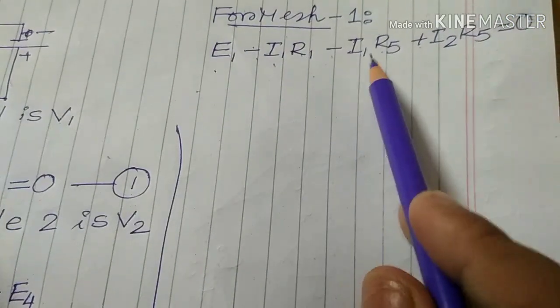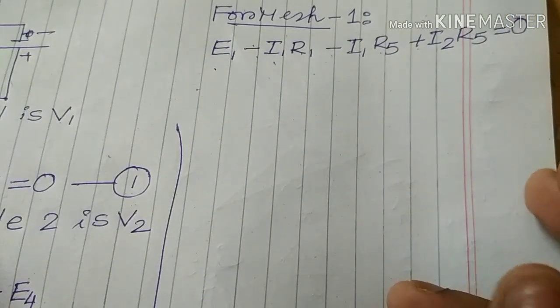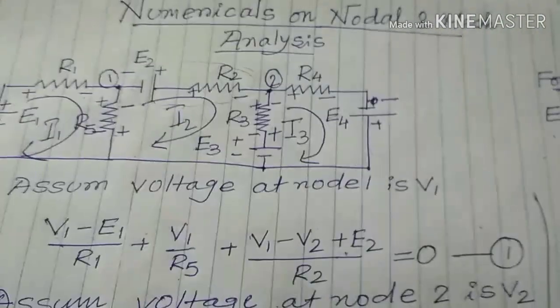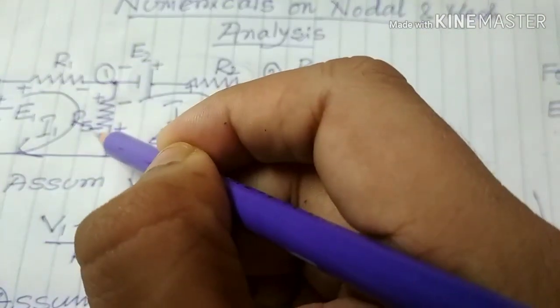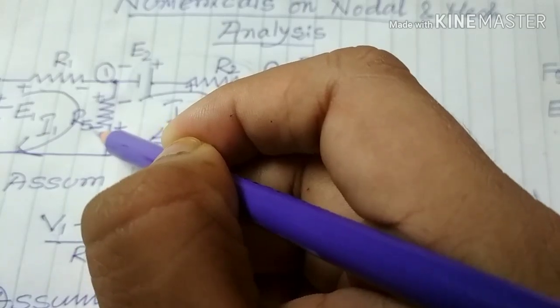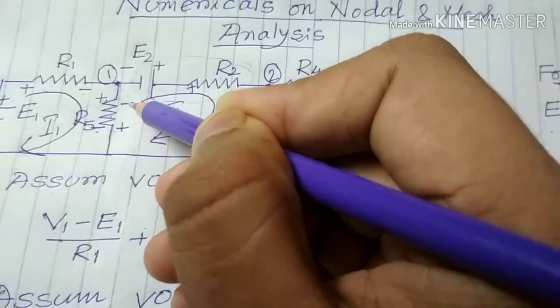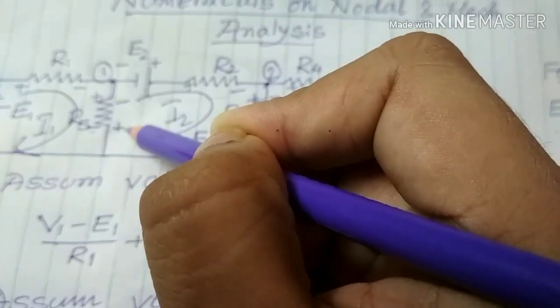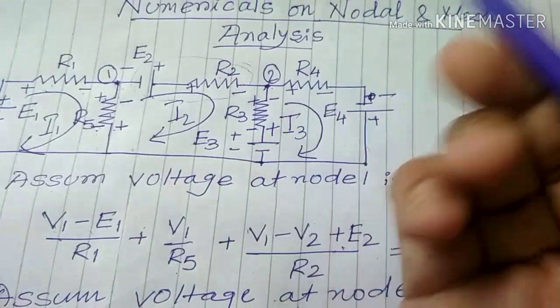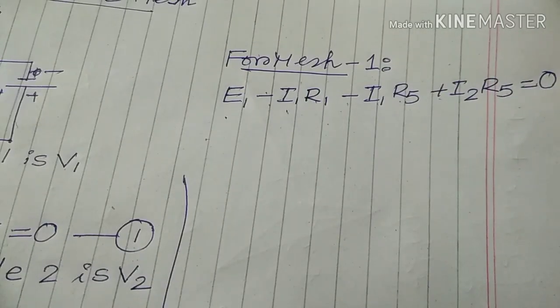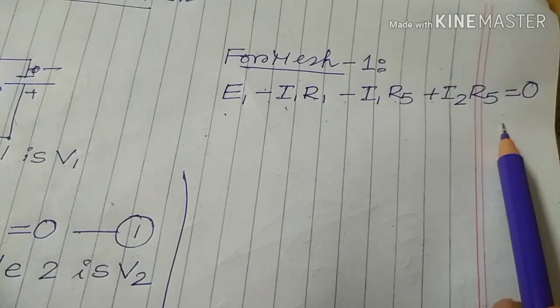So we need minus I1 R5 plus I2 R5, because this is plus to minus, so minus I1 R5, and this is minus to plus, so this is plus I2 R5. In this way, for mesh 1, the equation is formed.